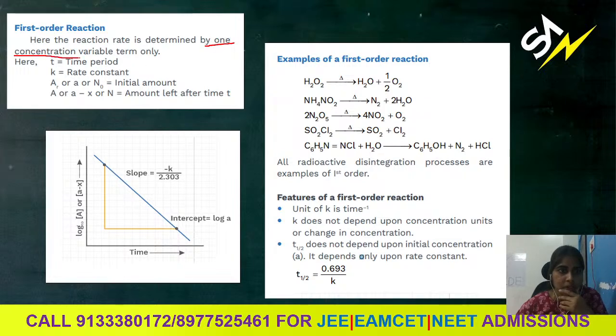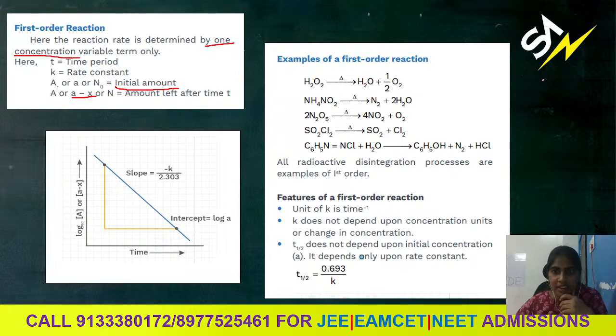It depends upon only one concentration term of the reactant. So here let t be the change in the time period, K is the rate constant, a or small a denotes the initial amount of the reactant, and capital A or a minus x denotes the amount left after time t.